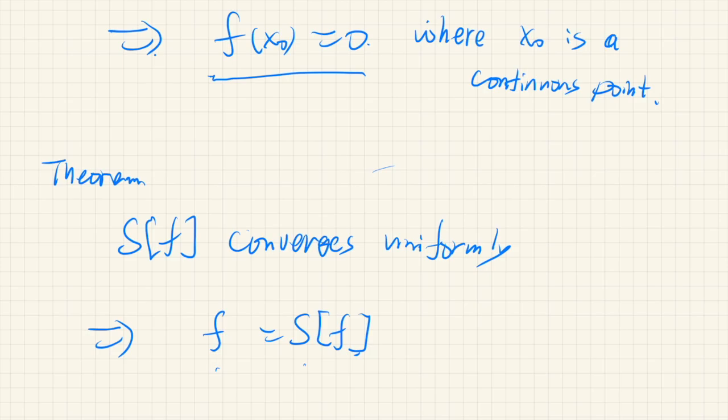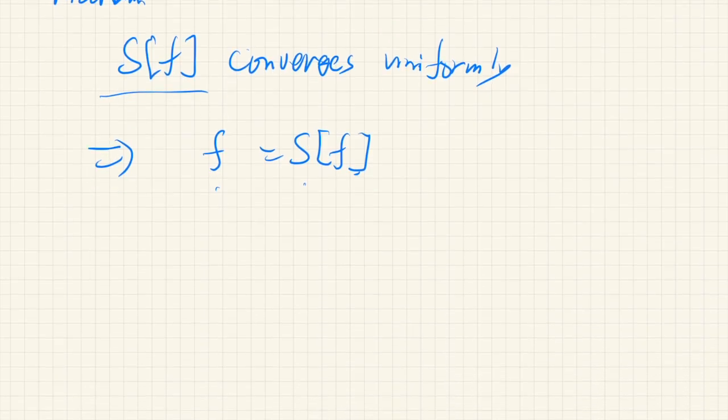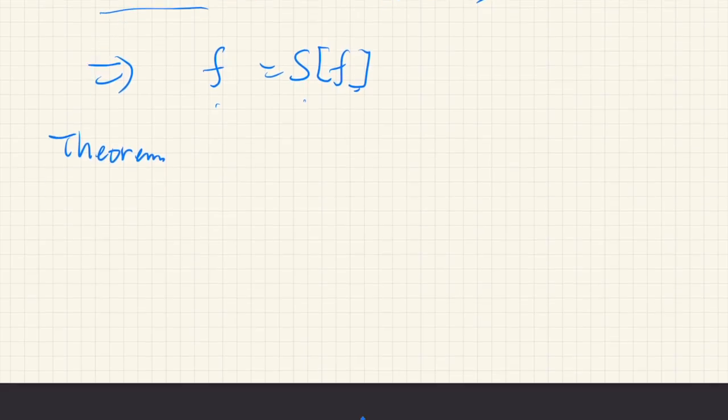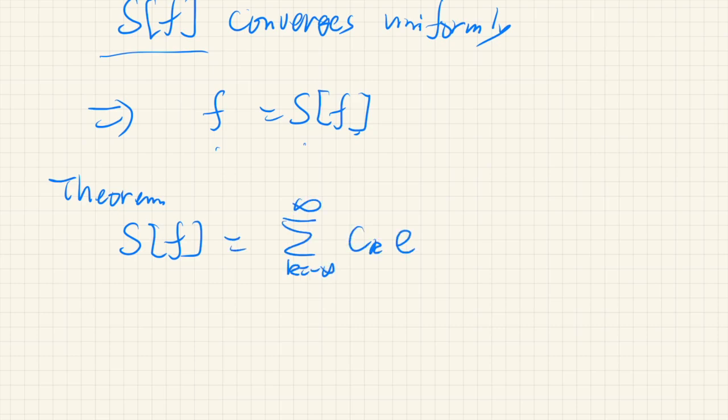So this is just like we have seen for the real Fourier series. And to see if the complex Fourier series converges uniformly or not, the following theorem is useful. So if we have a Fourier series such as this one, the sum of ck exponential of ikx, then if the series of the coefficients converges absolutely, then this Fourier series converges uniformly.